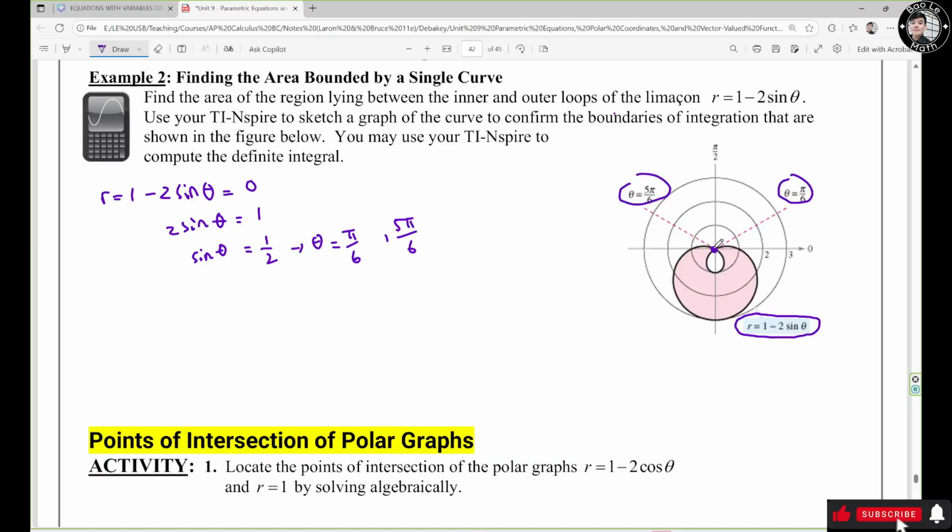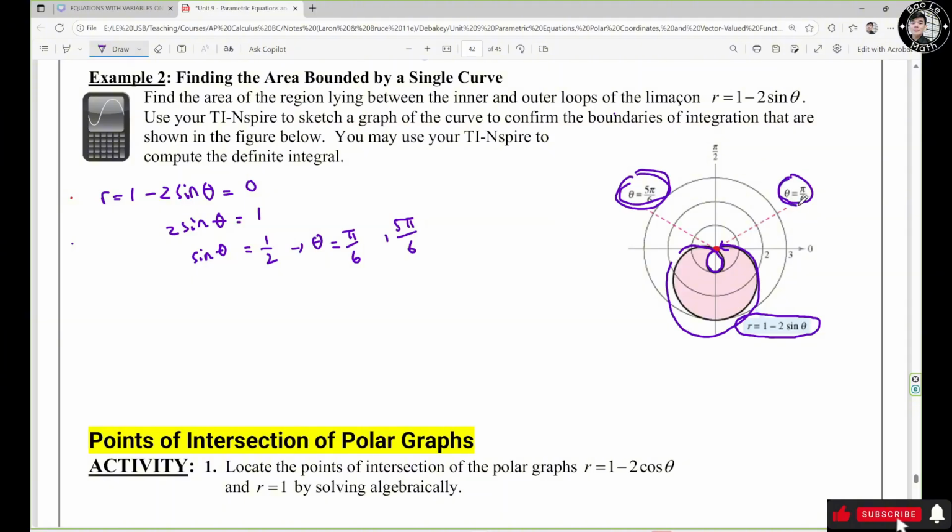Now we need to find the lower bound and upper bound of the outer loop right here. Remember that the point travels this way. So on the outer loop, this one is the lower bound, and then this goes back to the original point right here, which actually completes a full circle.